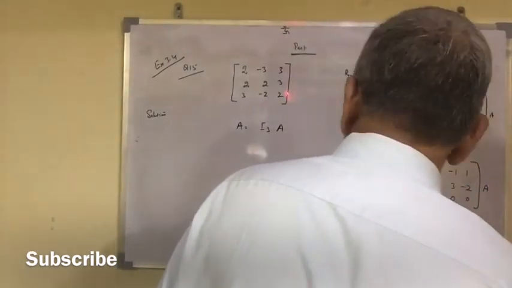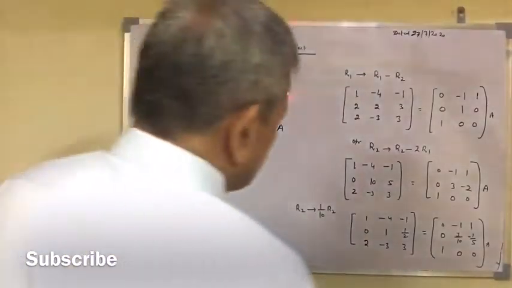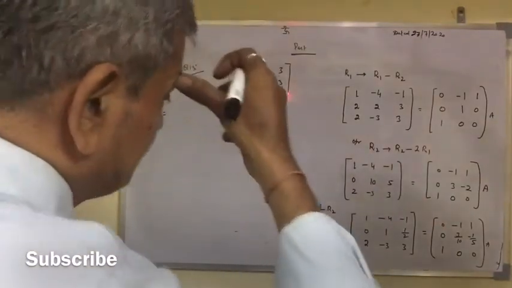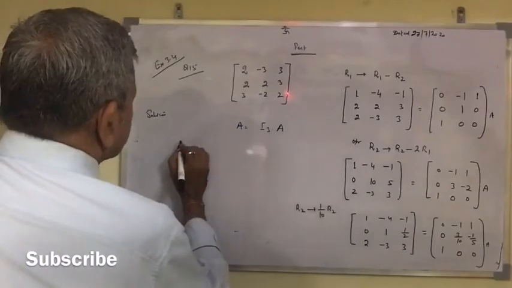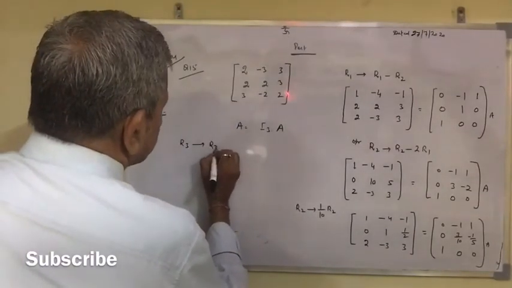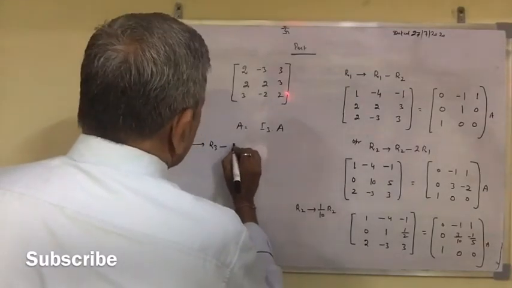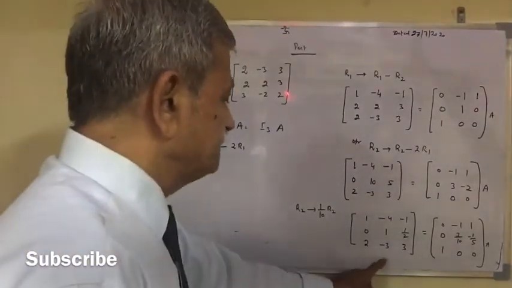Now come to the next part, that is this one. So I'll use in this case R3 minus operation, R3 tends to R3 minus 2 of R1. So this operation I'll do on this matrix.